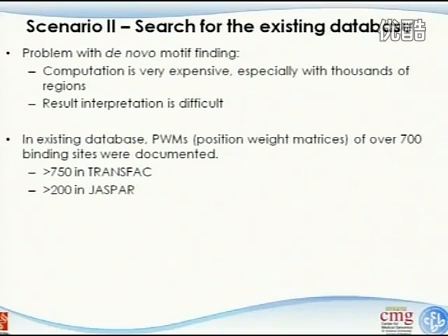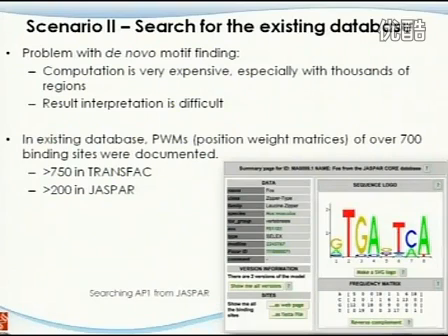Okay, let me give you a little bit of resource regarding the existing databases, what the data will look like. The position weight matrices, those matrices I just showed you, of over 700 binding sites are documented in the TRANSFAC database, and over 200 are in the ChIP database. I went to the ChIP database last night and just typed in AP1, and this is one of the things that showed up.